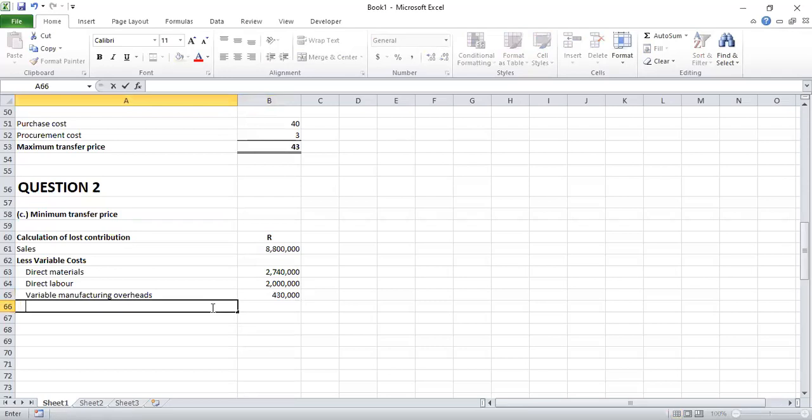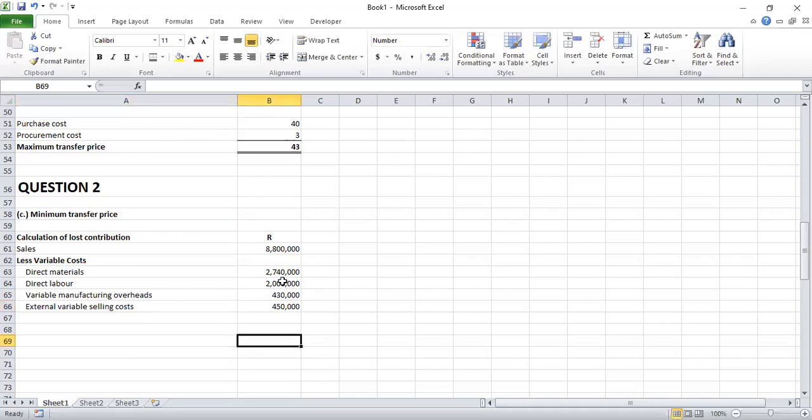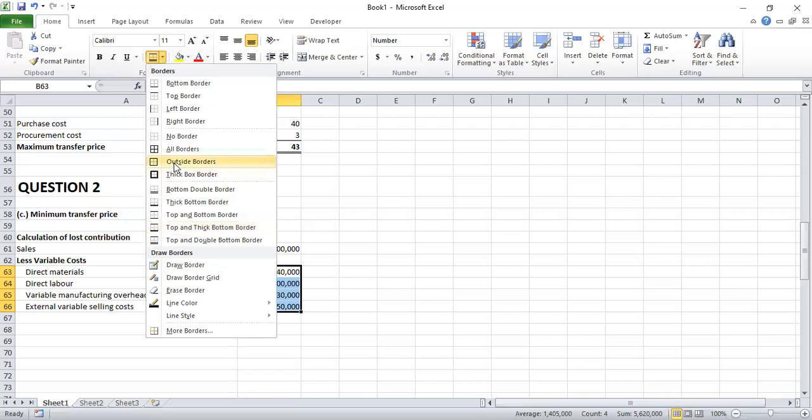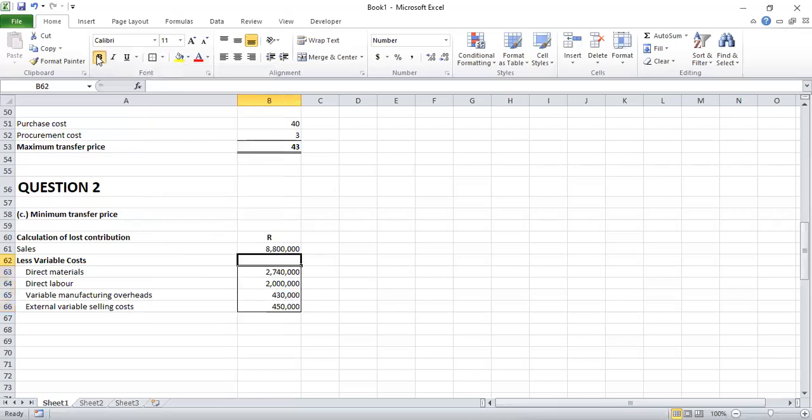External variable selling costs. Then we find our total variable cost here.